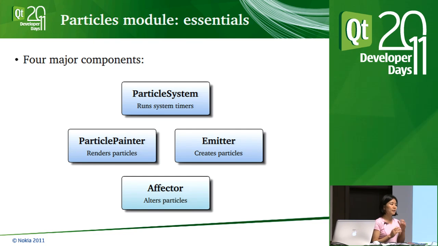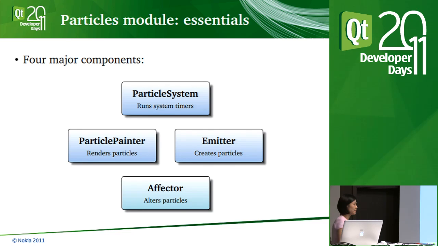So you can render, say, a QML image or a QML item, or even use custom shaders to render your items. And then you need to create an emitter to actually create the particle objects. So the emitter can control things like the lifespan of a particle, the size of the particles, etc. And then optionally you can add an effector, which will alter the attributes of particles after they've been created.